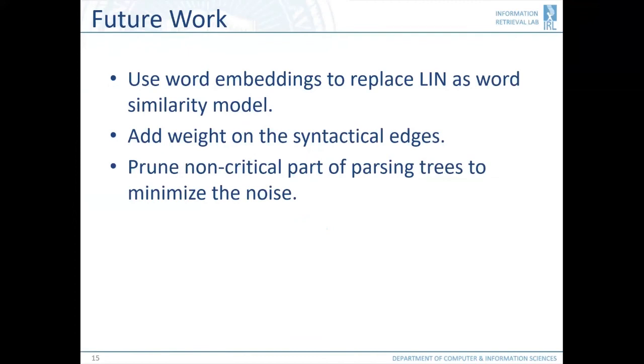After we replace it with the word embedding method, the result is actually pretty good, and we can lower the error rate under 1% for both groups. So after simply replacing Lin with word embeddings, we can achieve the best results, beating all the comparison methods.